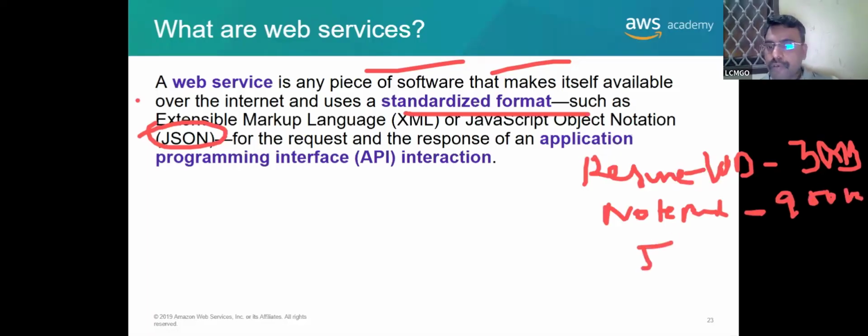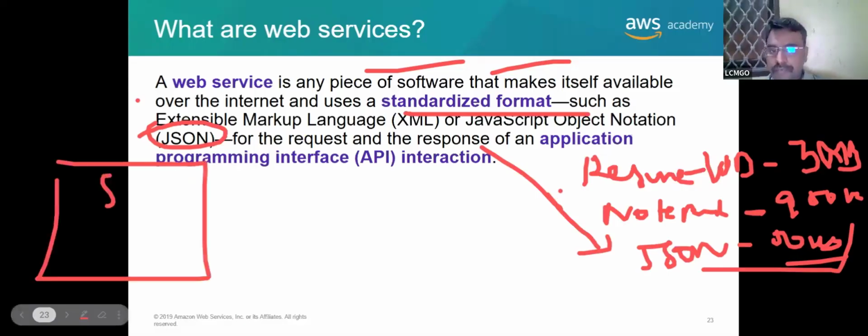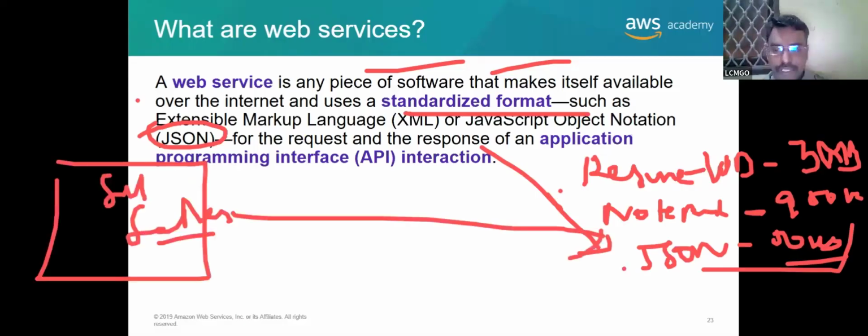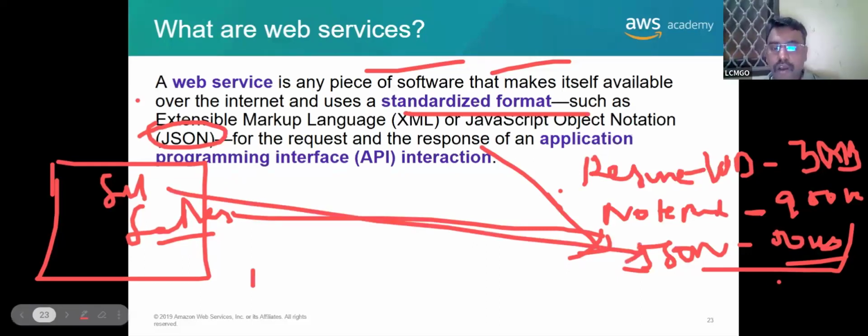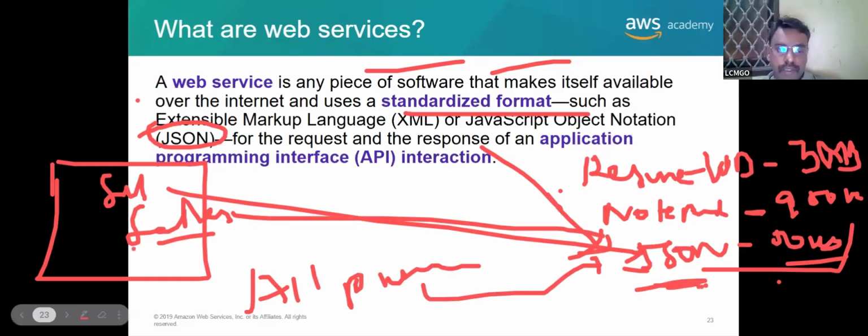But if you put it in JSON format, it will be like 50 KB. Now, all these log data are stored in JSON because the size is less. When the size is less, our storage will not become full faster. Since we are going to capture log data and everything, the storage should not get full faster. So I'll go with JSON format. That's why all programming languages support JSON format.